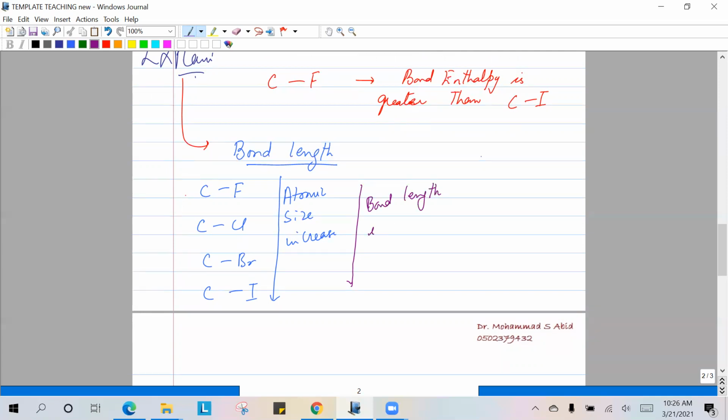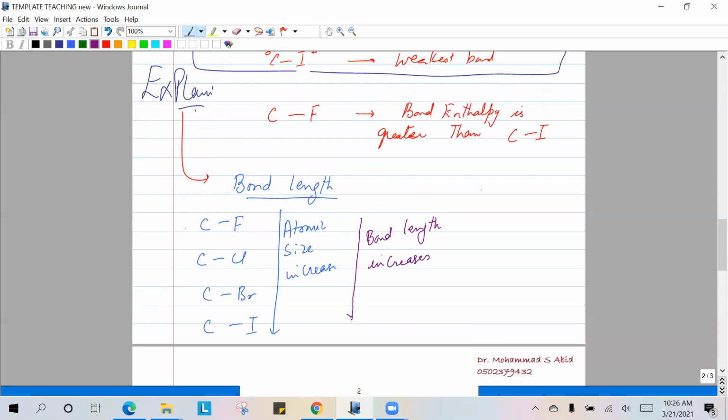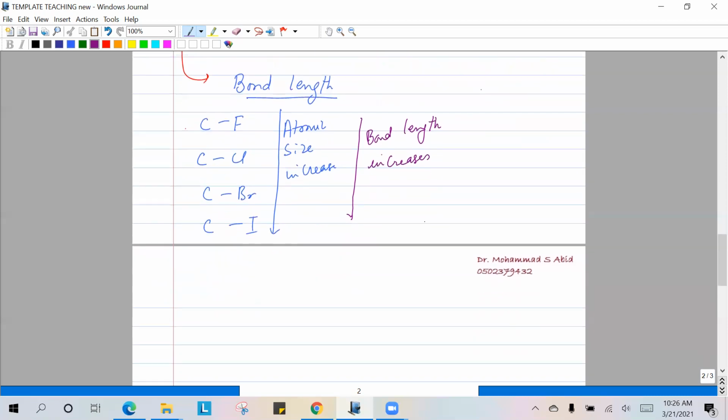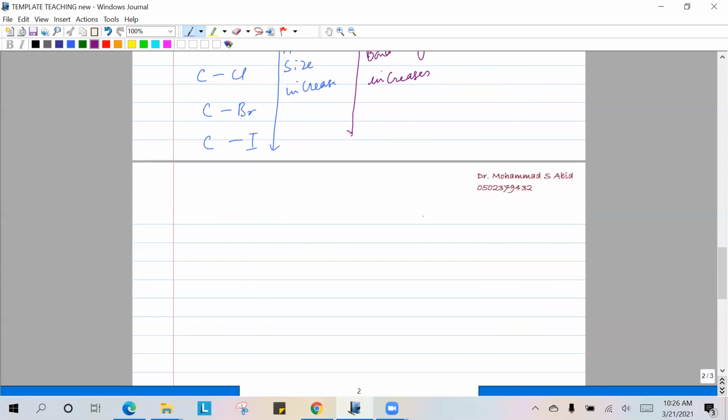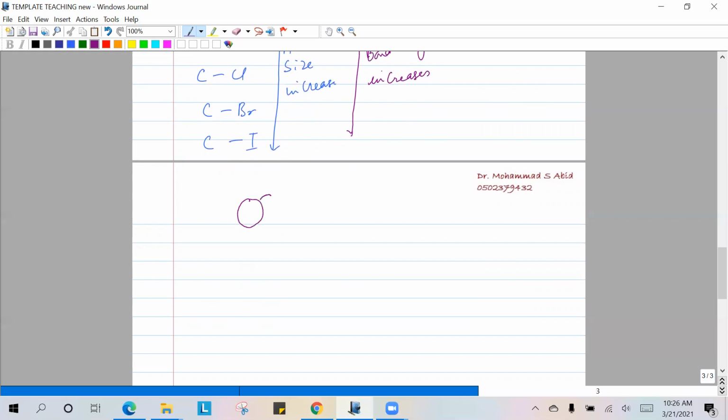Carbon is constant for all of them. Fluorine is this big, so the bond length for CF is this part.